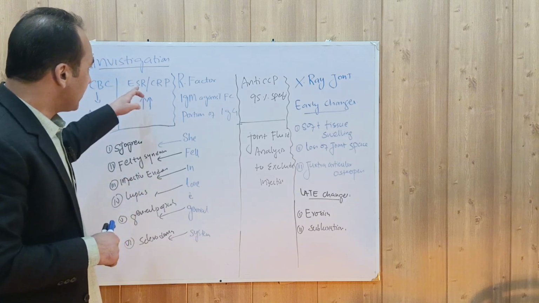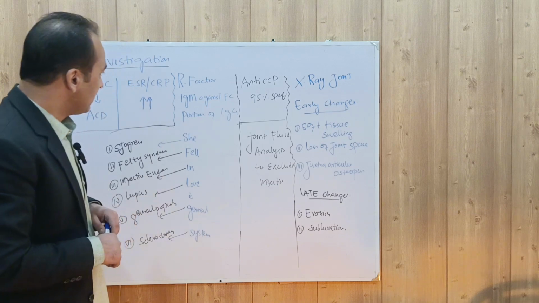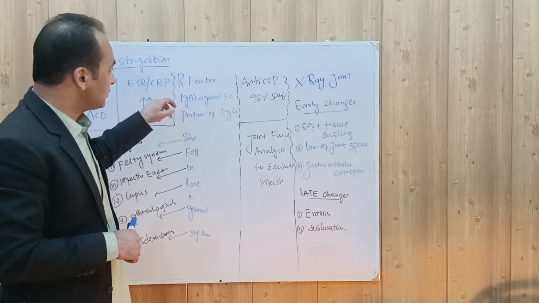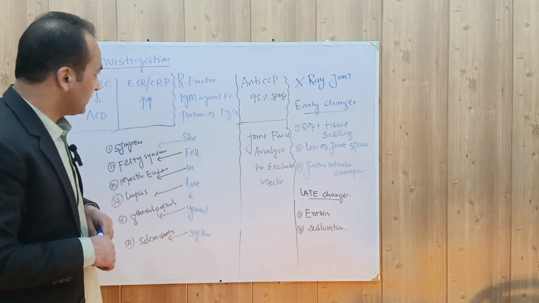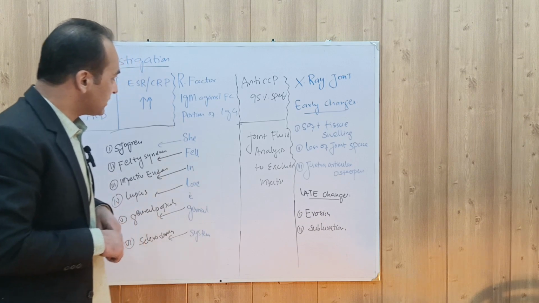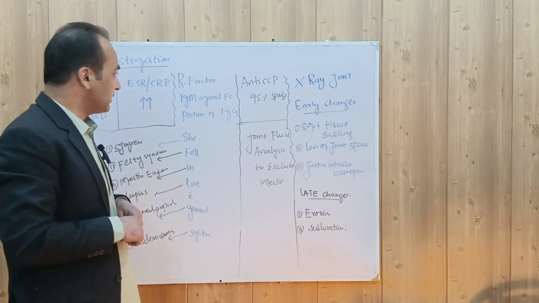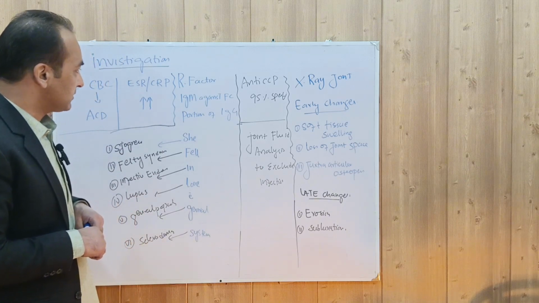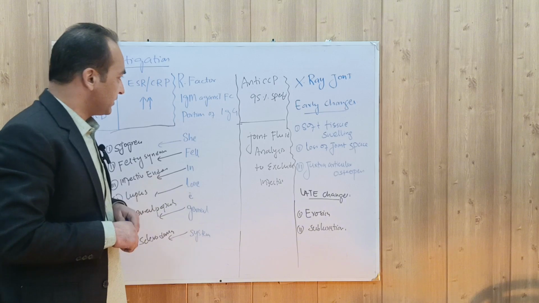The inflammatory markers, that is ESR and CRP, will be raised. Rheumatoid factor, which is actually IgM against the Fc portion of IgG. This test is done for rheumatoid arthritis, but it is neither a sensitive nor a specific test, because it is positive in many other conditions.